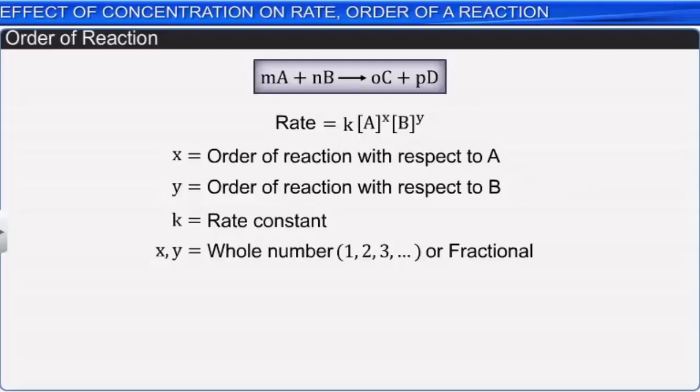The sum of the exponents x and y gives the overall order of the reaction. Thus, the order of the reaction is defined as the sum of the powers of the concentration terms in the rate law.